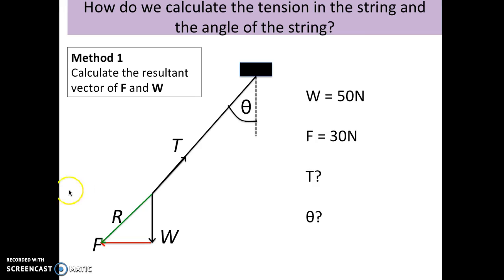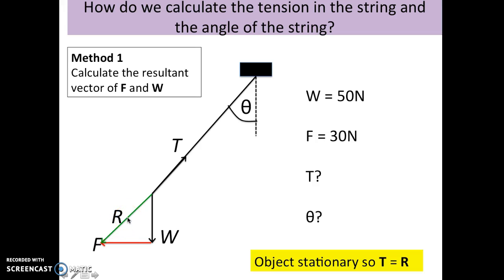Now, because I know that this object is stationary, that means that the overall force in this direction must be 0. So in other words, the tension pulling on the string in this direction must be the same as the resultant force pulling on the string in this direction. So that T is equal to R.